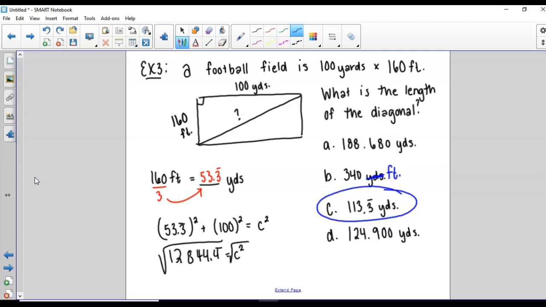If you ask me how far it is from here to Walmart, and I tell you 10, it could be miles. I could mean minutes, because I might be telling you how long it takes to get there. So it's really important to know what your units are whenever you're answering something.